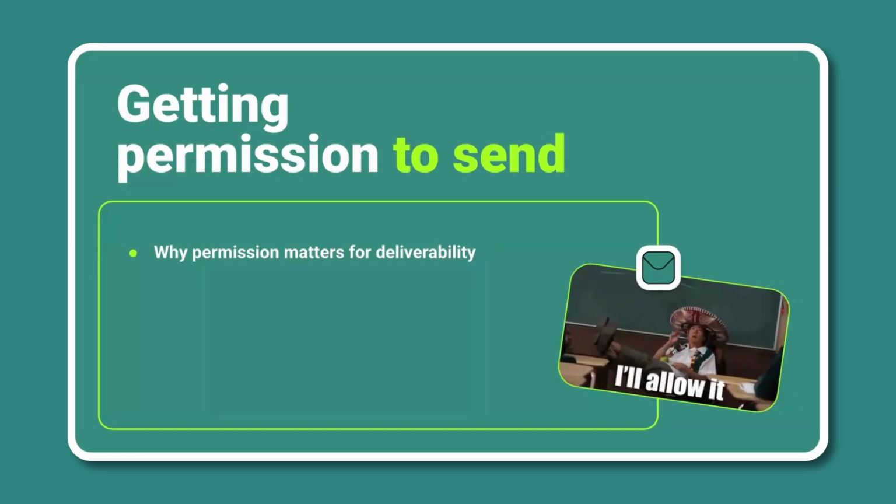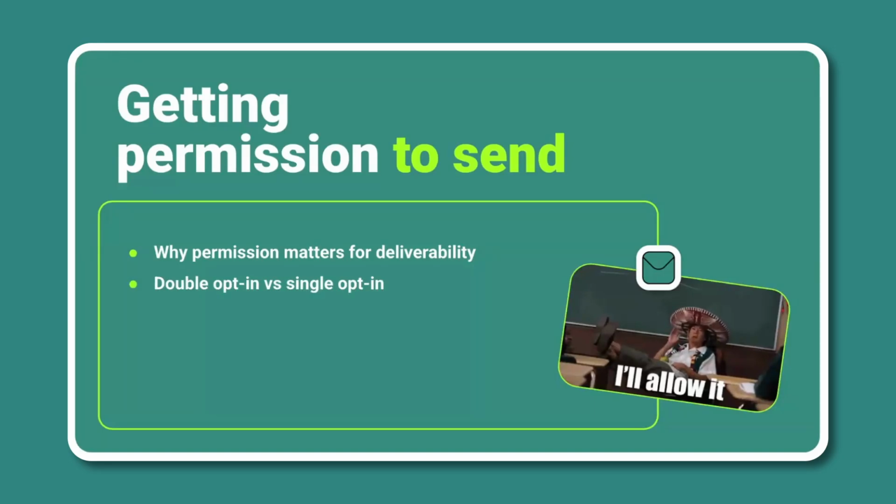To avoid that, the only way is to actually get permission to send marketing emails to your subscribers so they can expect to receive content from you and do not mark you as spam or unsubscribe or ignore your content. There are two main ways to collect permissions.